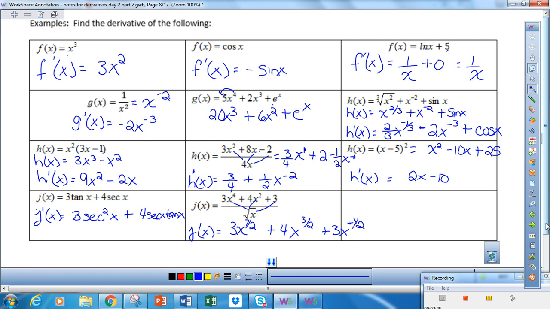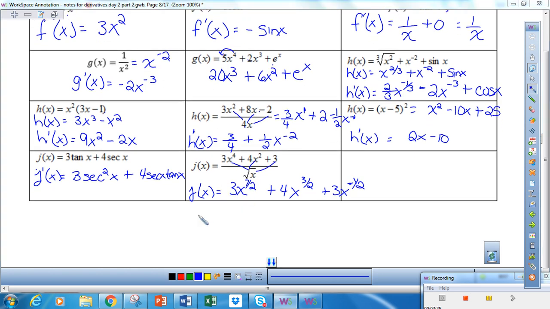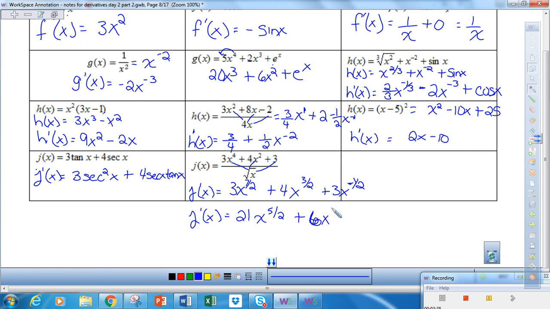Now, we just use the power rule to solve this. So I get j prime of x is equal to 21, x to the, subtracting 2 over 2 from that gives me 5/2, plus 4, plus, what is that, 6, x to the 1/2, and that's going to be minus 3/2, and that should be 21/2.